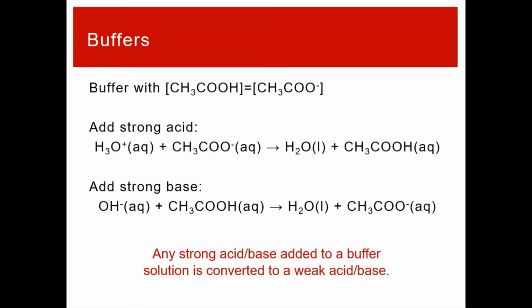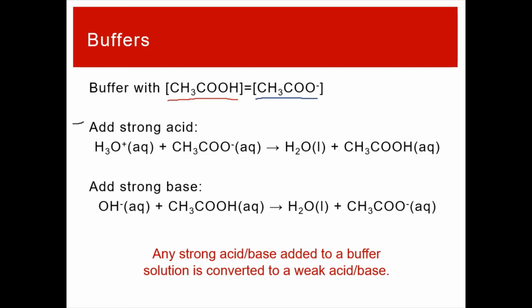So, how do buffers work? If you make a buffer, you would have equal amounts or near equal amounts of a weak acid, for example, acetic acid, and its conjugate base, for example, acetate. And the whole idea is you have near equal amounts of this conjugate pair, and when you go to change the pH of this buffer solution, there's basically two ways.